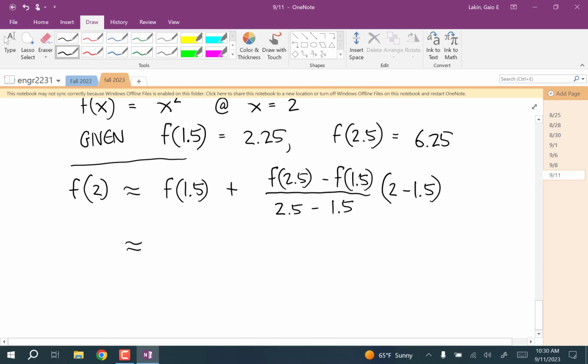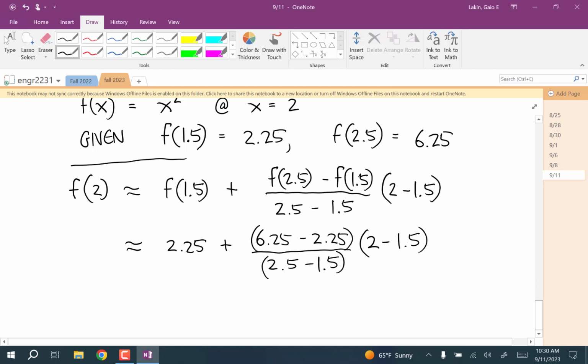And so this is 2.25 plus 6.25 minus 2.25, divided by 2.5 minus 1.5, times 2 minus 1.5.